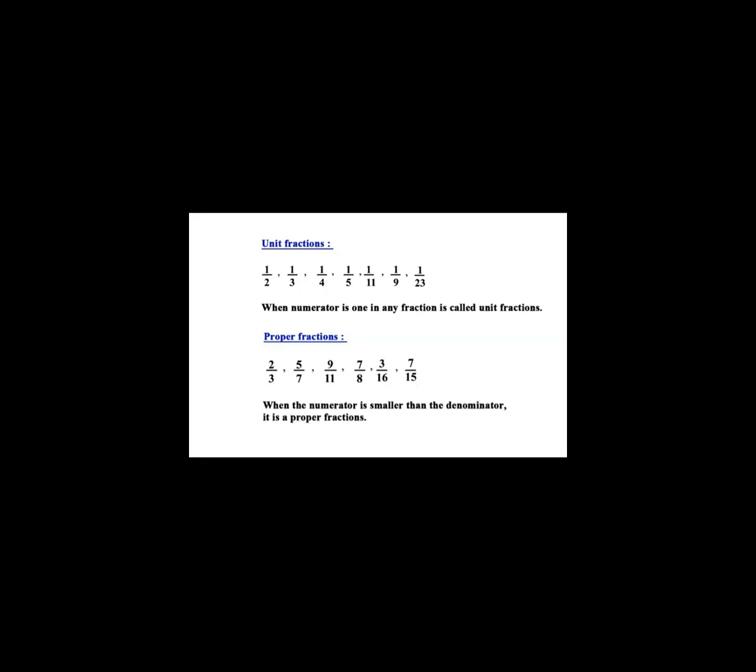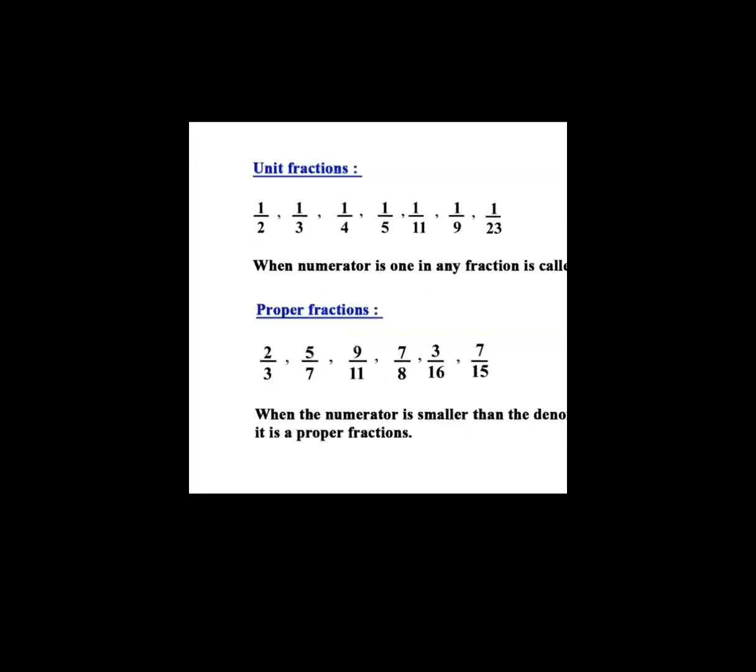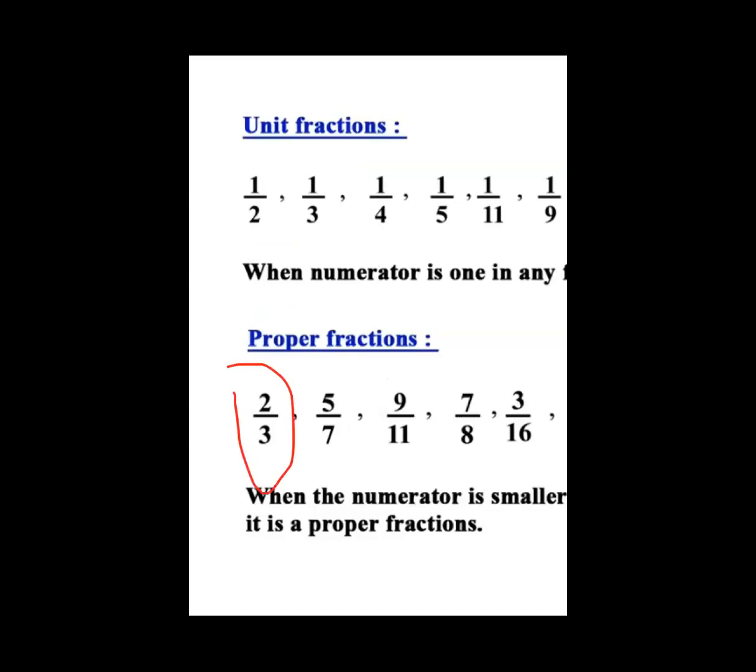I'm going to explain proper fraction now. Proper means correct. How will the fraction be correct? I already explained about numerator and denominator. When it is a proper fraction, the numerator is always a smaller number than the denominator.